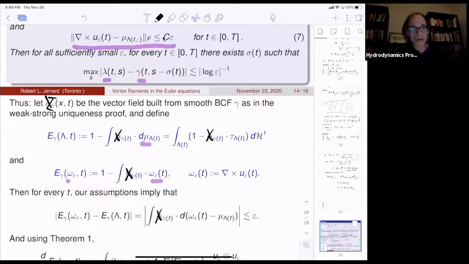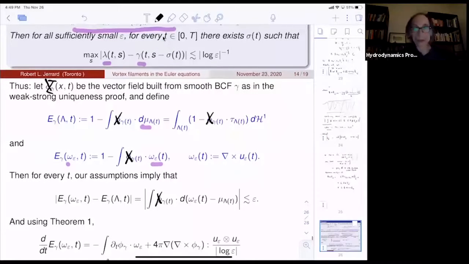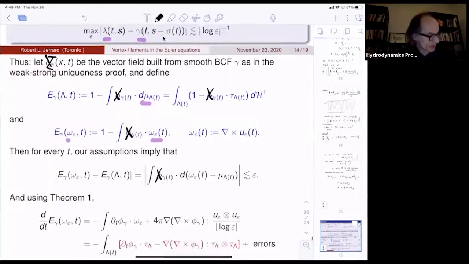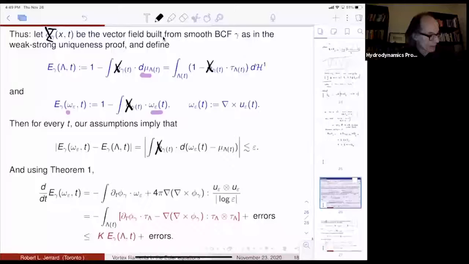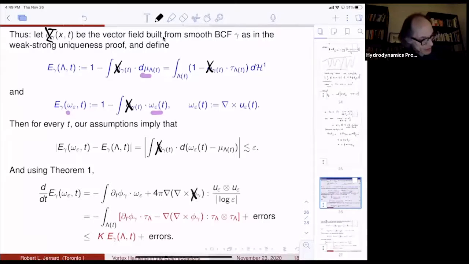Okay, so we have that, and then let's do the following. I will just show you the slides rather than writing because we're running out of time. So here the first line is the vorticity formulation of the Euler equation, right?